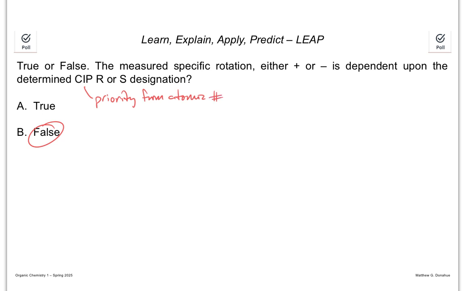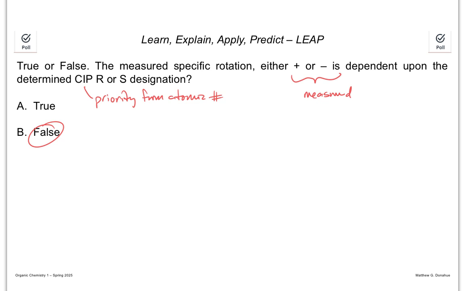The CIP R/S comes from the priorities you assign according to the atomic numbers of the elements, the sign of the specific rotation is measured. You have to put the sample in an instrument, it's spitting out the result. So unless you're genetically built different than every other human being on Earth, your eyes cannot determine that. It has to be measured.